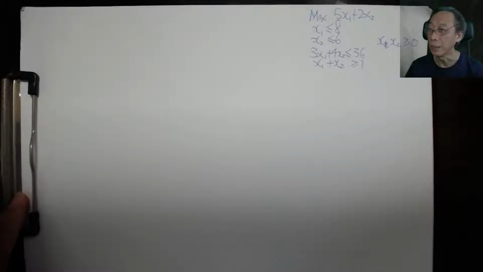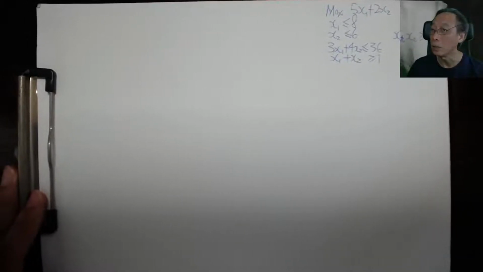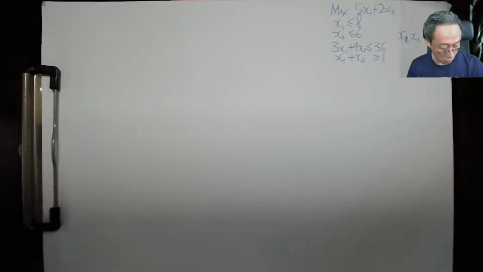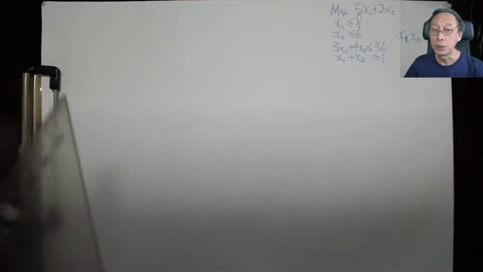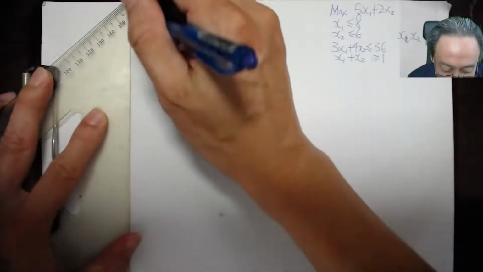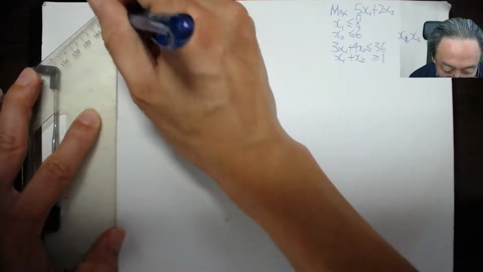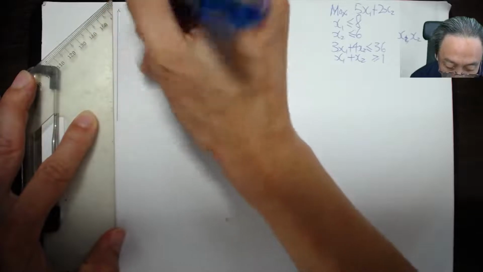Okay, so I hope you just keep this model with you because I want to put it in the corner and not have it block our drawings. Okay, so to begin with, we need to have x1 and x2.